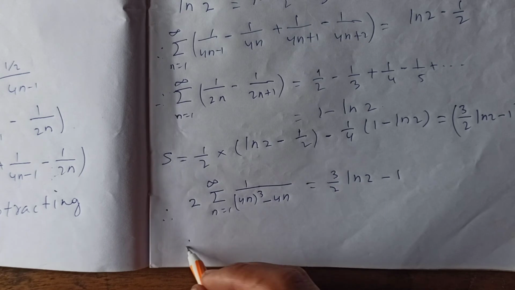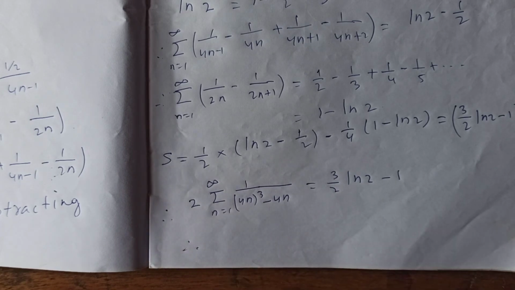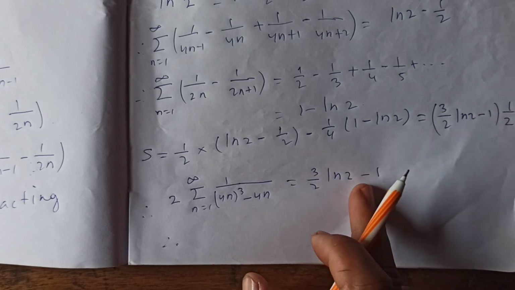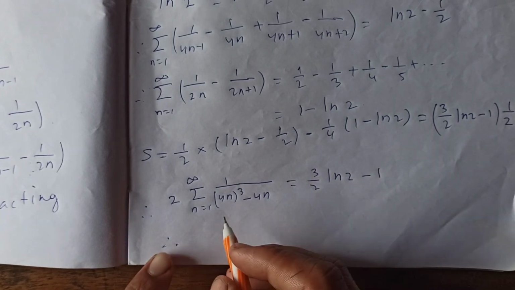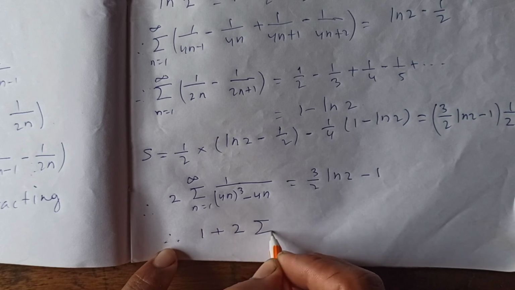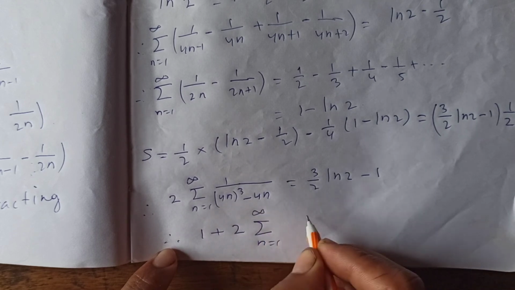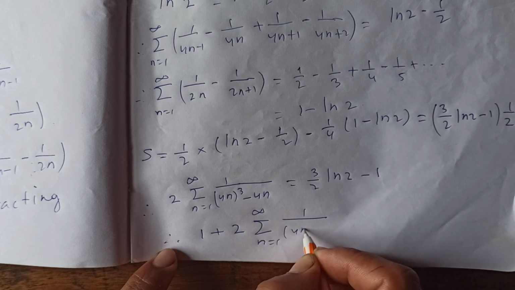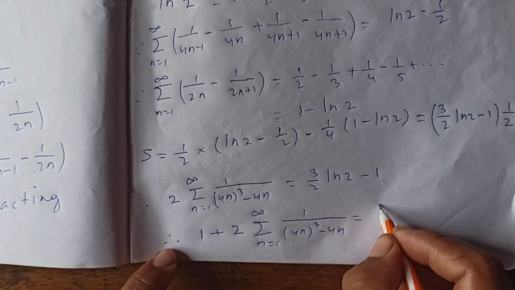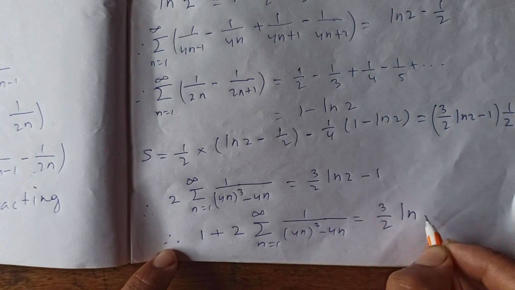Therefore, now this one transfers here, and you will get 1 plus 2 times the sum from n equal to 1 to infinity of 1 over 4n cubed minus 4n, which is equal to 3 by 2 natural log of 2.